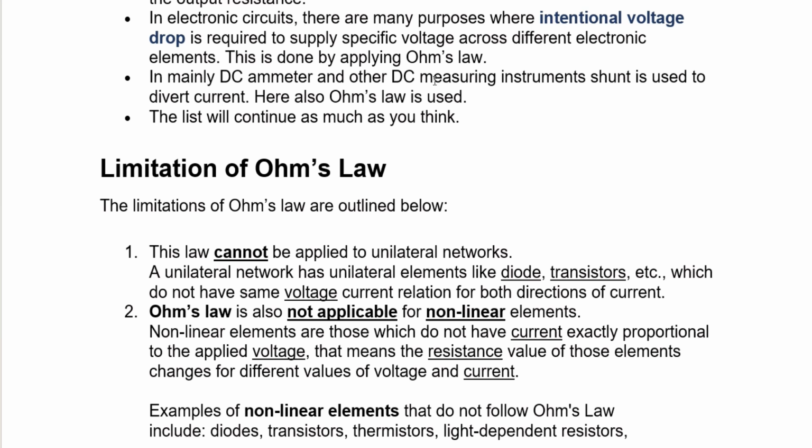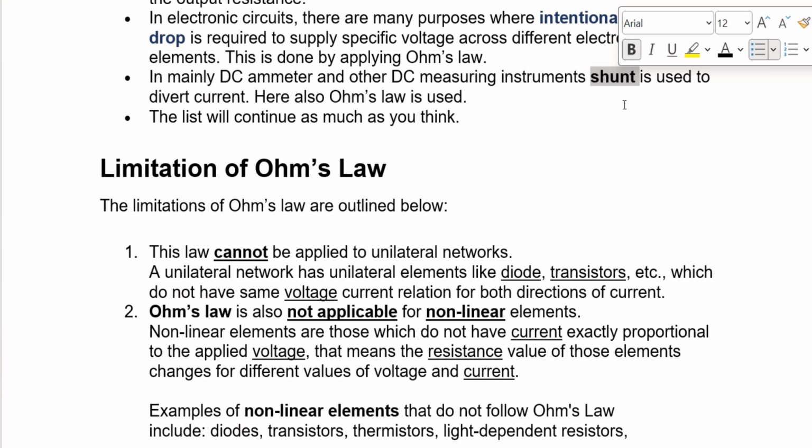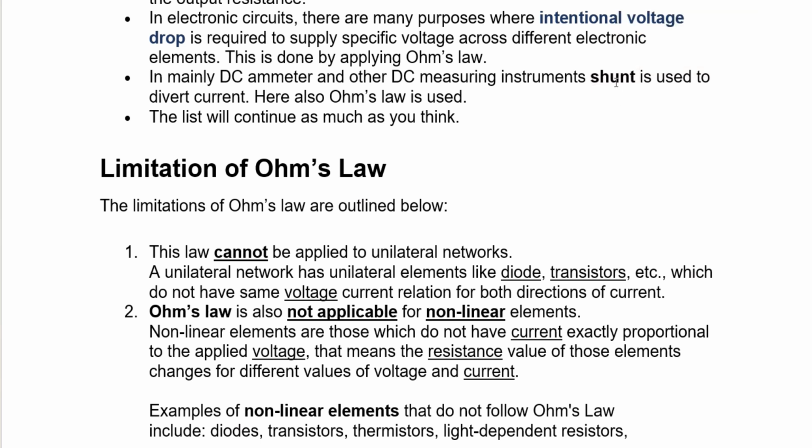In mainly a DC ammeter or DC measuring instrument, the shunt is a kind of resistance, a small resistance, that is used to divert the current so that it protects the measuring instrument, because many measuring instruments are not able to handle high values of current. So only a measurable quantity of the current is passed through the instrument, and the rest of the high current is diverted from the instrument, which keeps it safe.